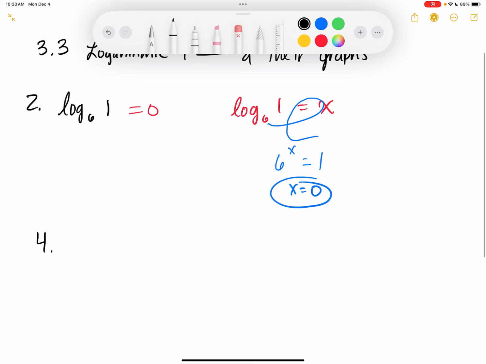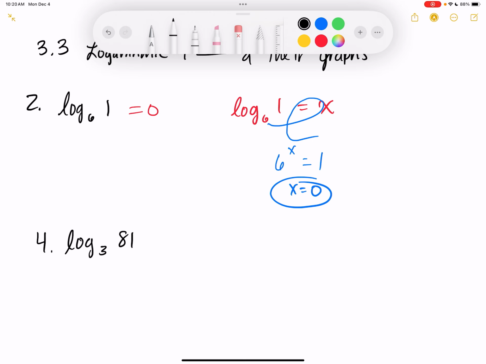4, we've got log base 3 of 81. So again, there's a property for this. I could run my E and I could have 3 to what power is equal to 81. But my properties tell me that if I have log base B of B to the Y, then it's equal to whatever Y is.